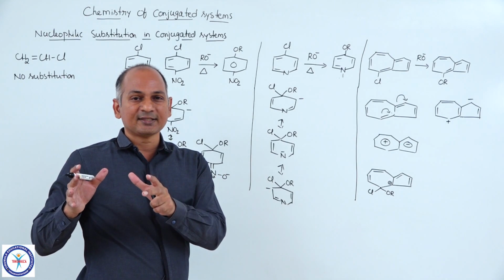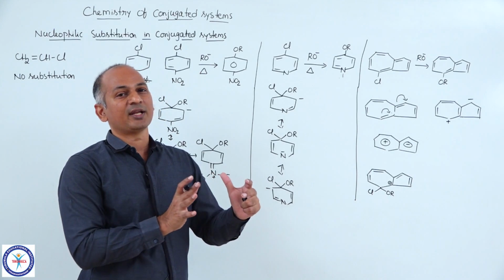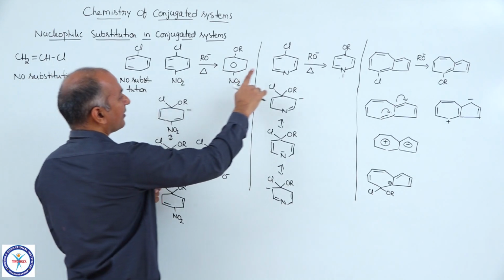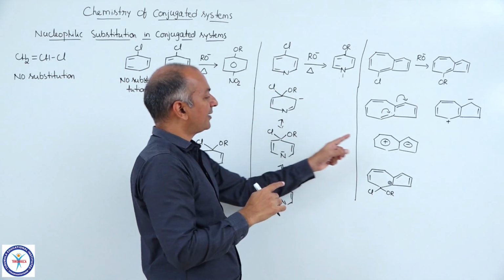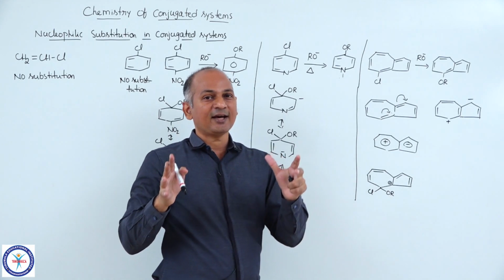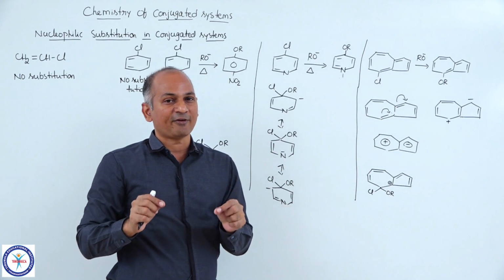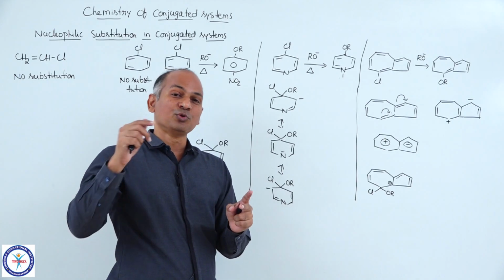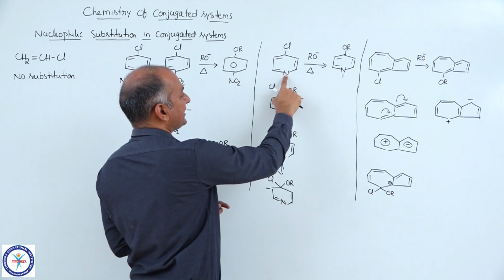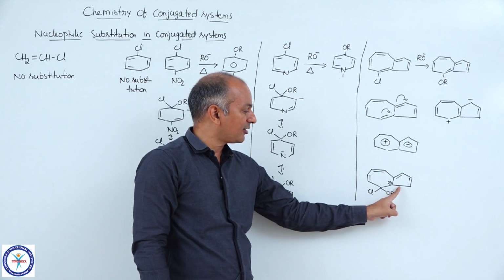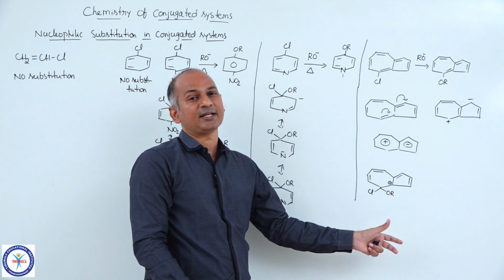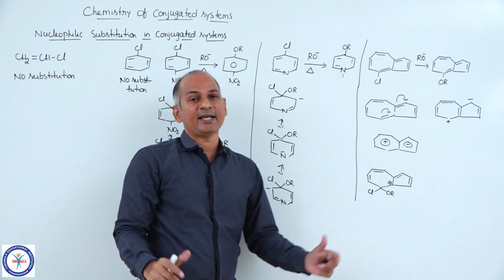The bigger ring is carrying positive charge and the smaller ring is carrying negative charge. Actually here NO2, here nitrogen, and here the charge polarization. These three are making the nucleophilic attack favorable. That is the first thing. Second thing, once the nucleophile attacks, here NO2 is stabilizing that, here nitrogen is stabilizing that, and here the aromatic nature of this ring in the intermediate is stabilizing that intermediate. So ultimately the reaction is possible.